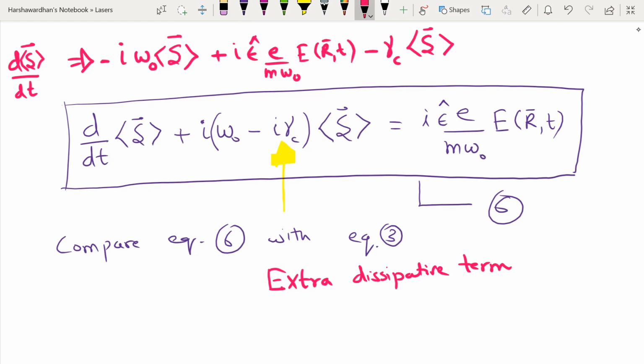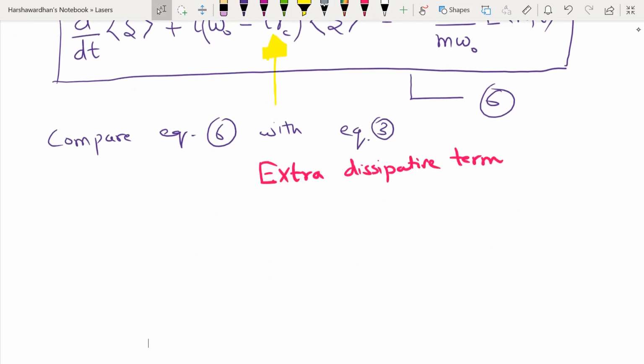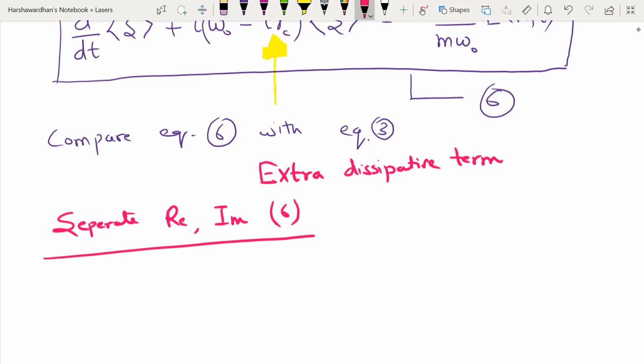So what I do now is the following. I separate out the real and the imaginary parts of equation 6, right? This is precisely what I have to do. That's my next step. So if you do that, you will get the following.